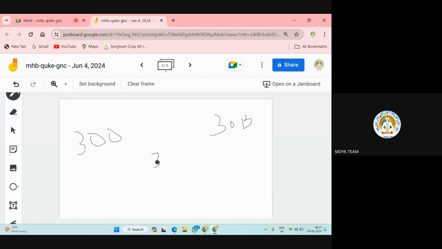Just divide the births by the total number of individuals. So it will be 0.1.